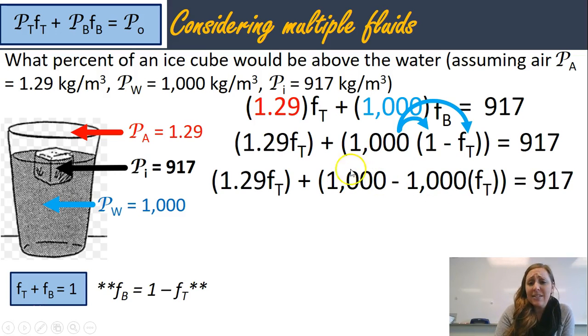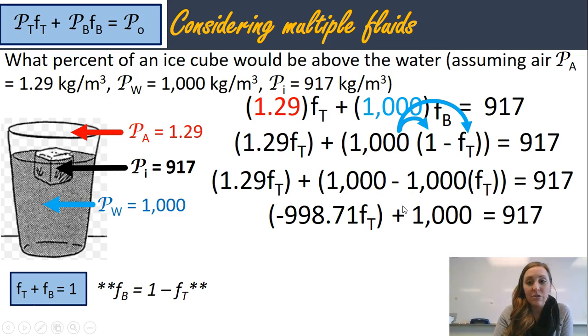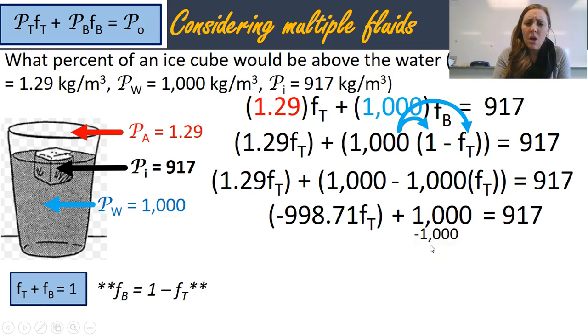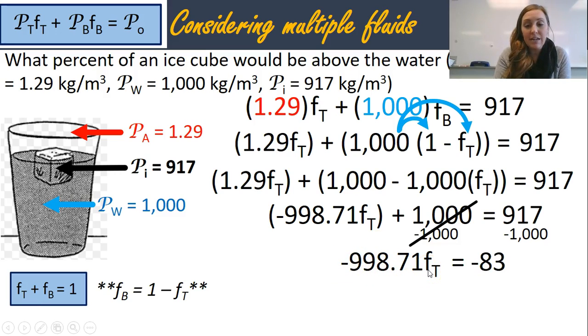All right, I'm not doing anything else inside these parentheses here, so I can not worry about them, and I can add up like terms. So I've got negative 998.71 ft plus 1,000 equals 917. Let me move this little window here. We're going to minus 1,000 from both sides. So this is still negative 998.71 ft, and now this equals negative 83.